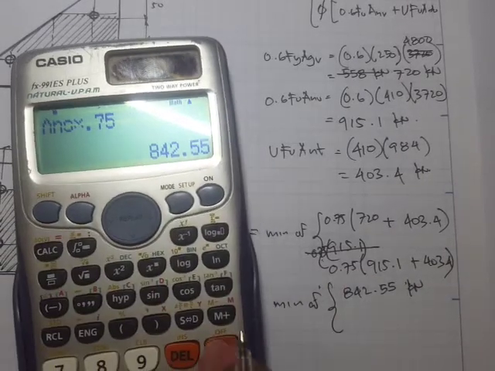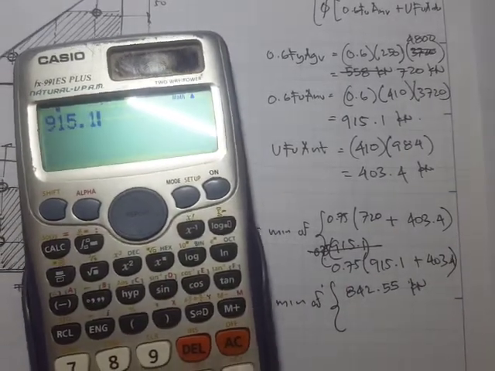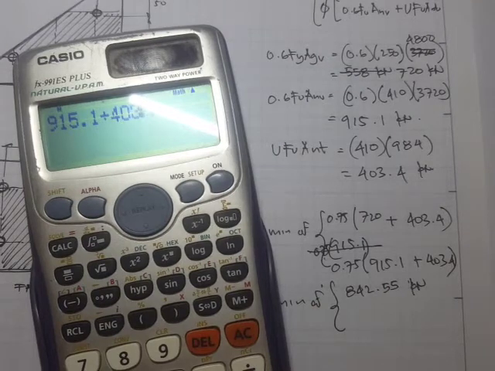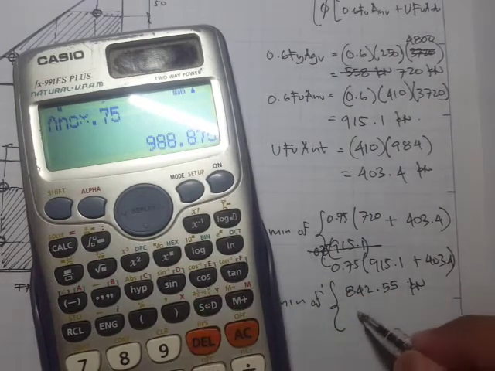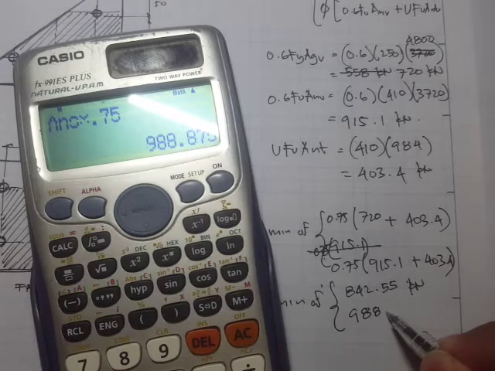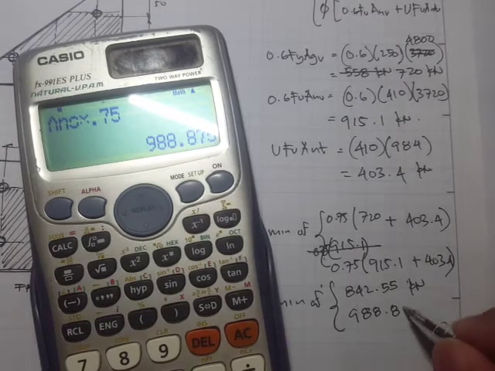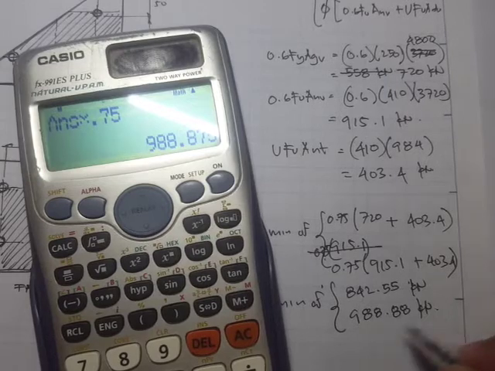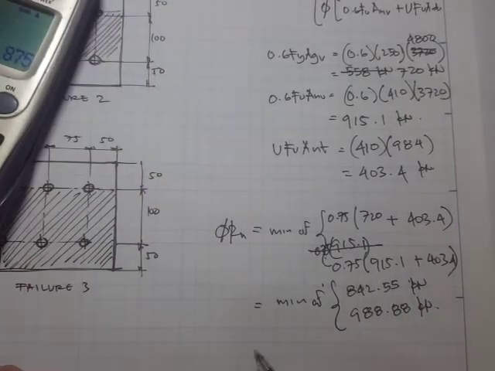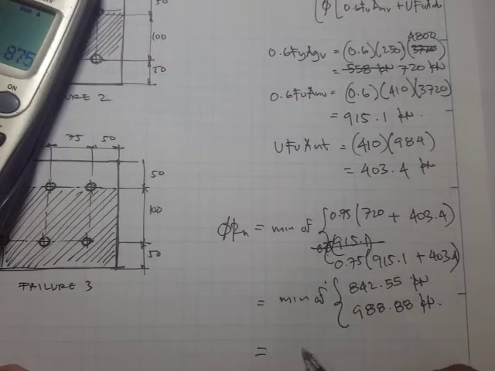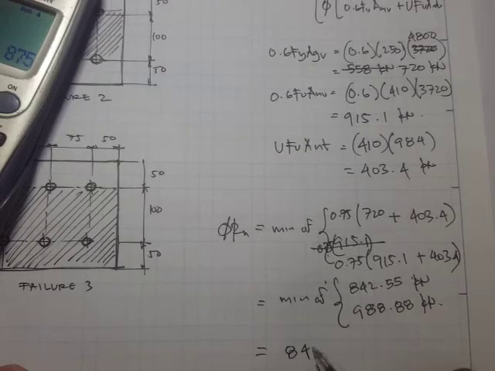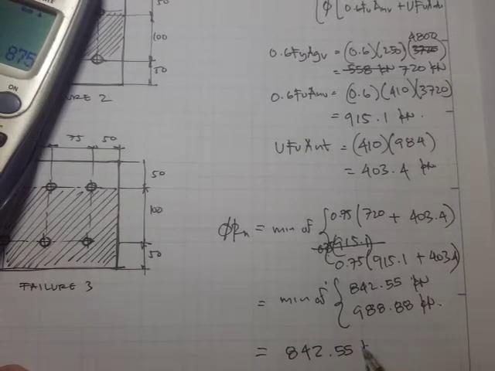And this one is 915.1 plus 403.4 times 0.75. That's 988.88 kilonewtons. So the minimum is 842.55 kilonewtons.